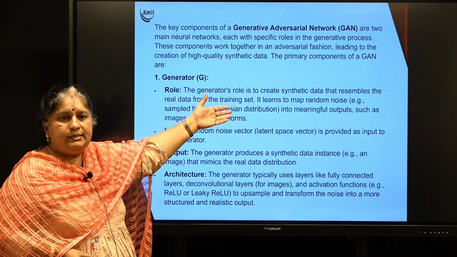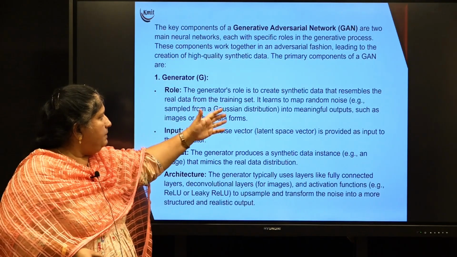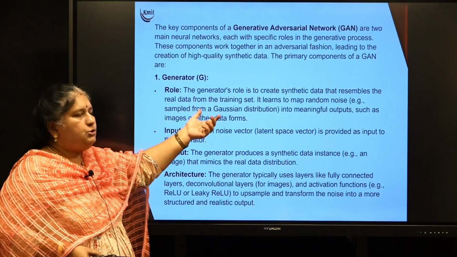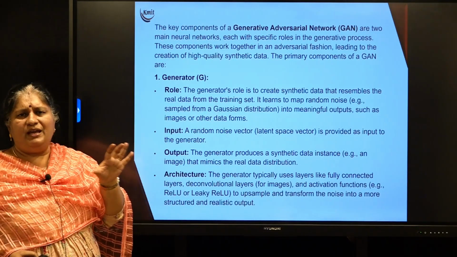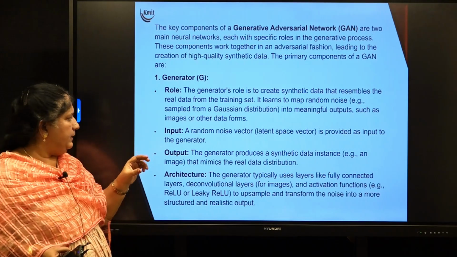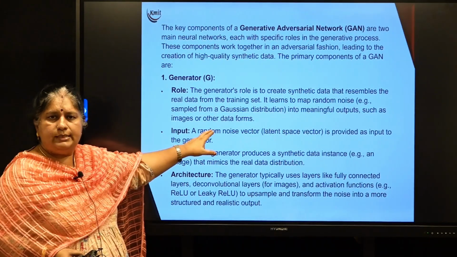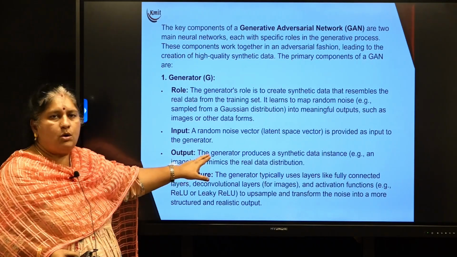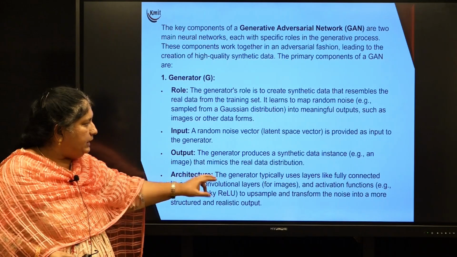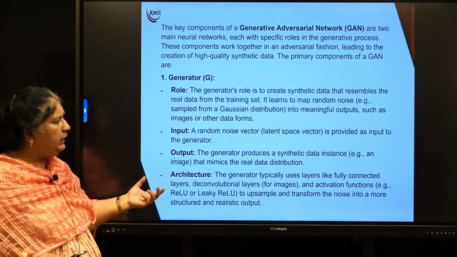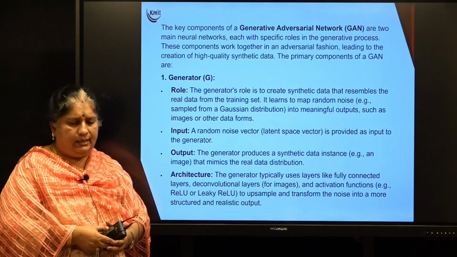And what else is it trying to do? It is trying to map random noise into meaningful outputs. So it is always trying to generate fake images from the existing data. And what is the input to the generator? We understood it is a random noise vector. Then what is the output? The synthetic data which is generated. What architecture does it follow? It uses some activation functions and some CNN layers.